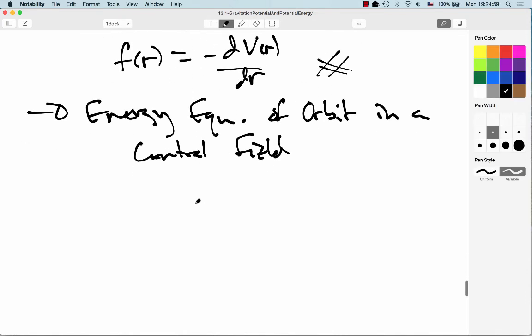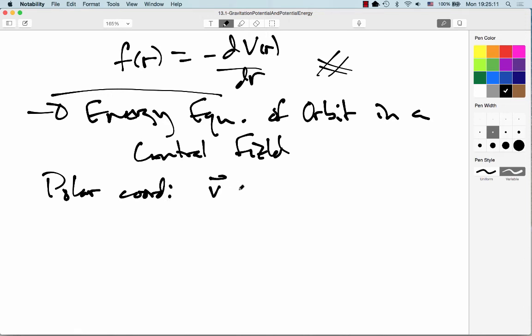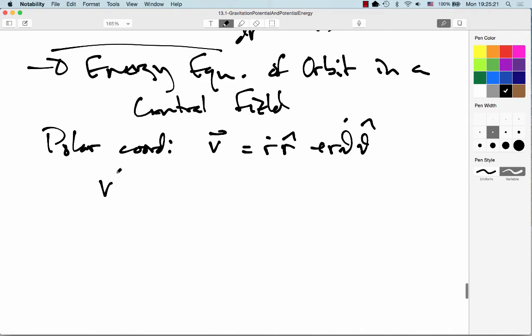All right. So we recall in polar coordinates, we could write the velocity of something as r dot r hat plus r theta dot theta hat. And we could say that v squared is equal to v dot v. So that'll be r dot squared plus r squared theta dot squared.